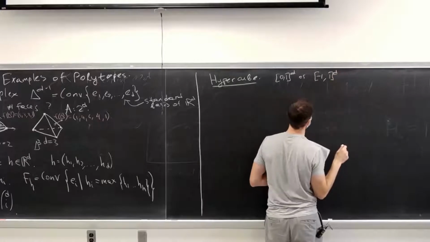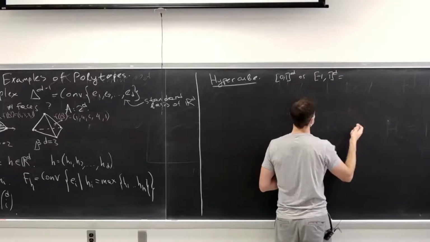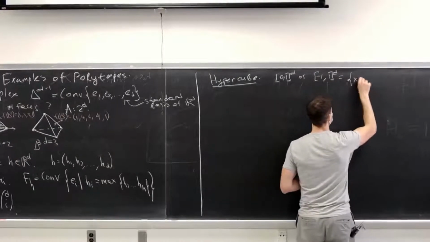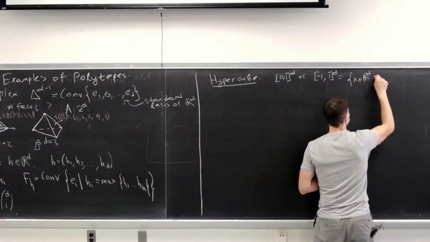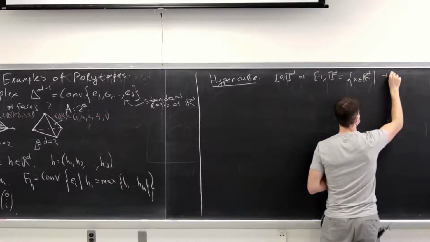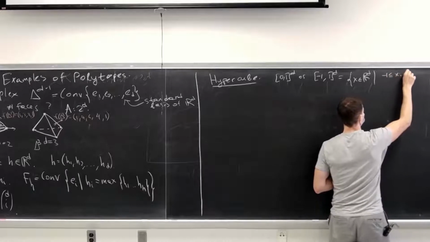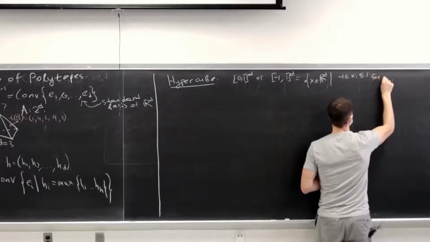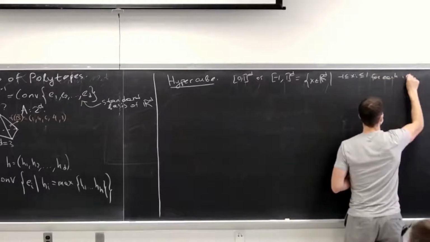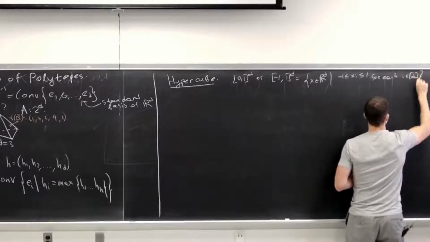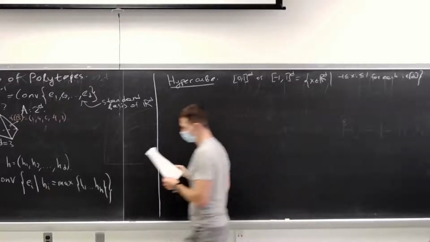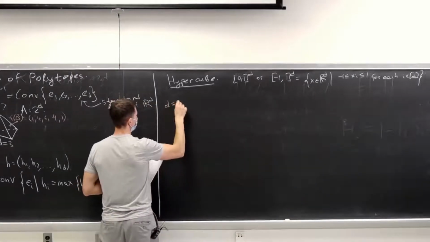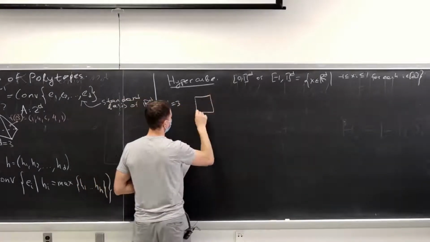Let me take the latter for this example. So it's just the set of all points where each coordinate x_i is between -1 and 1 for each i. And the typical example, which we all know, is this.